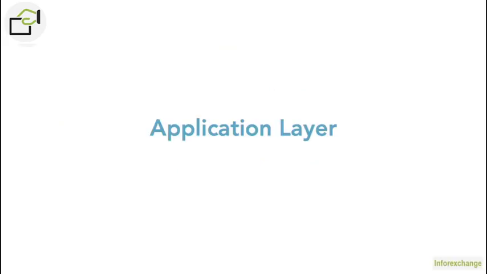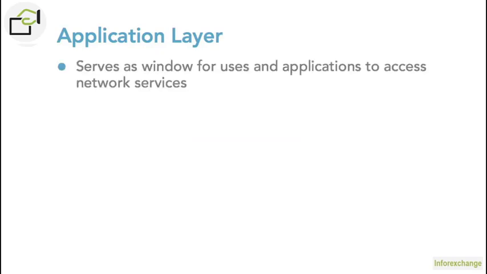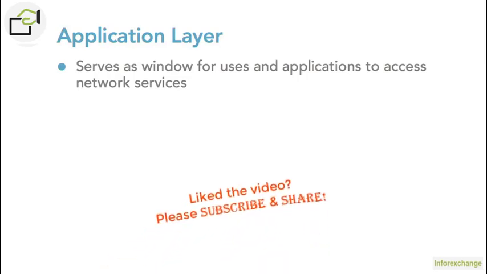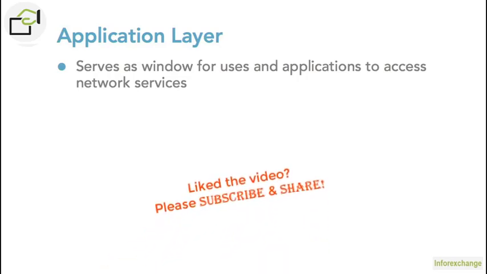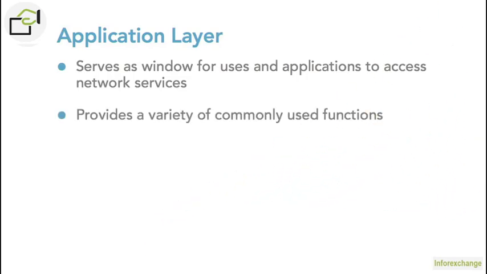Layer 7, or the top layer of the OSI model, is the application layer. The application layer basically serves as a window for both users and applications running on a local machine to be able to access the network services available to it. To do this, the application layer provides a wide variety of commonly used functions.